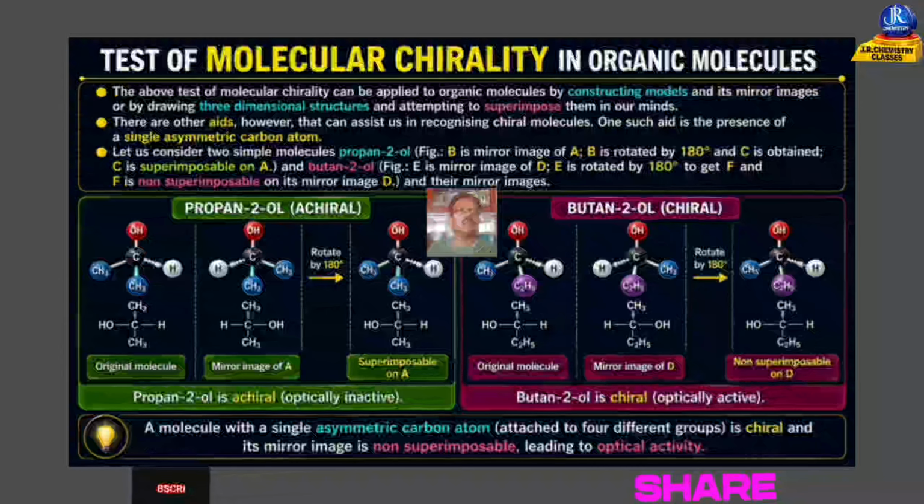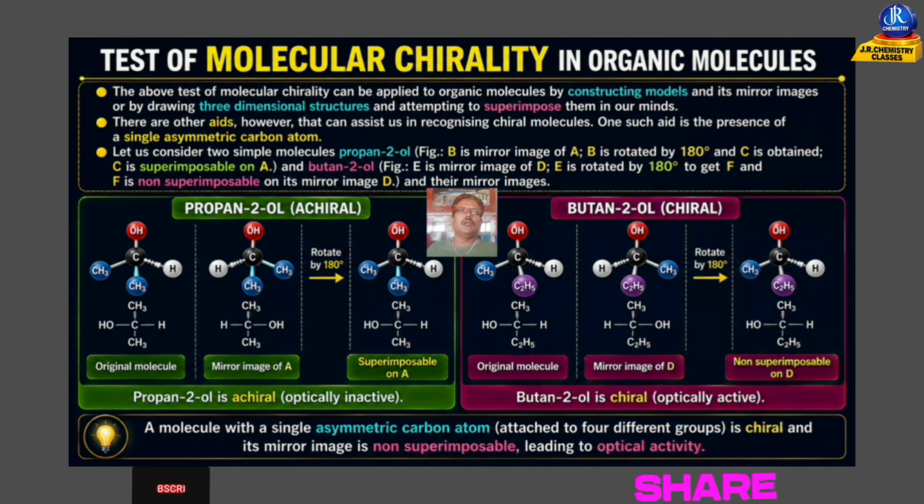Let us consider two simple molecules, propan-2-ol. In the figure, B is a mirror image of A. B is rotated by 180 degrees and C is obtained. C is superimposable on A.